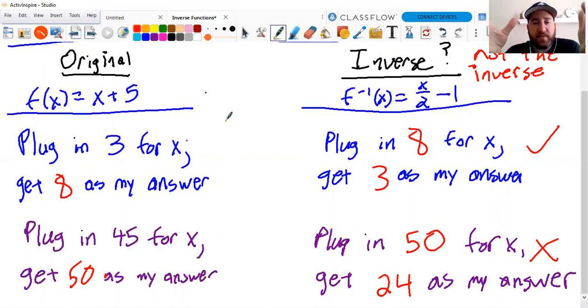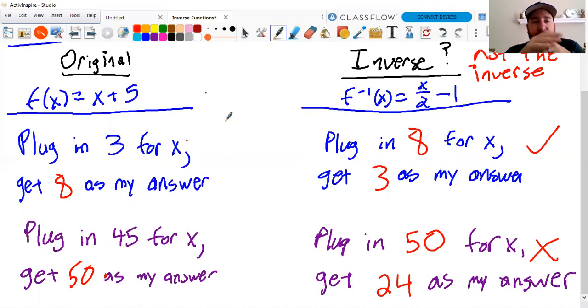We happened to find one pair of numbers that worked. The second one didn't. Again, you can use a whole bunch of different things. If I use 12, 12 plus 5 is 17. 17 divided by 2 is 8.5. Minus 1 is 7.5. So I got 12, 17, but 17 gave 7.5. It didn't work.